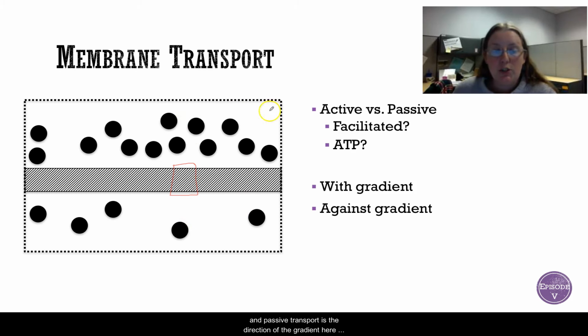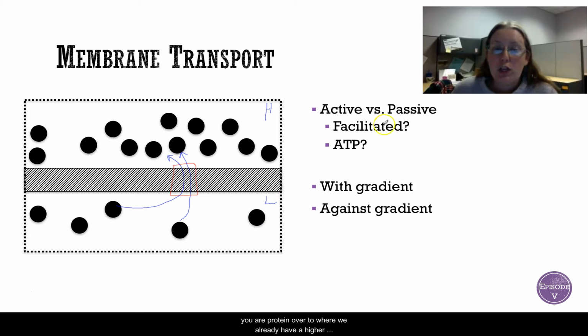Here we still have the same situation with a high concentration and a low concentration, but active transport moves solutes against the gradient. So we'll be taking these here from the lower concentration through our protein over to where we already have a higher concentration of these solutes.